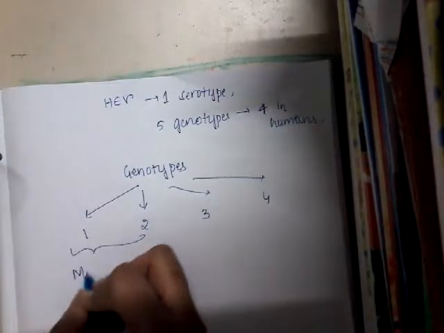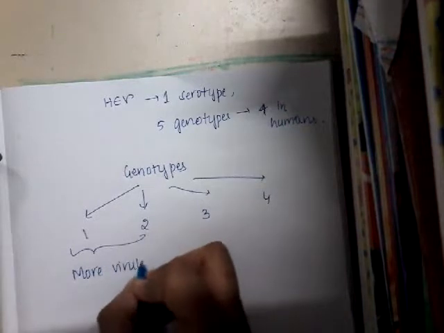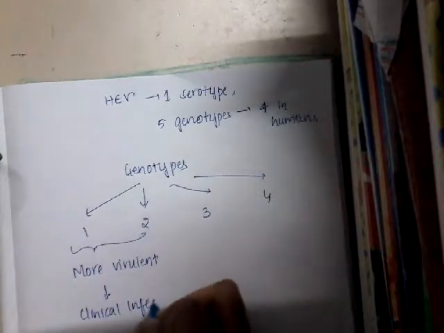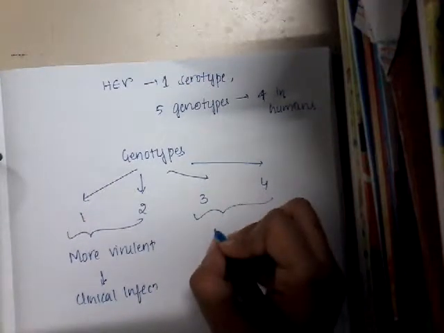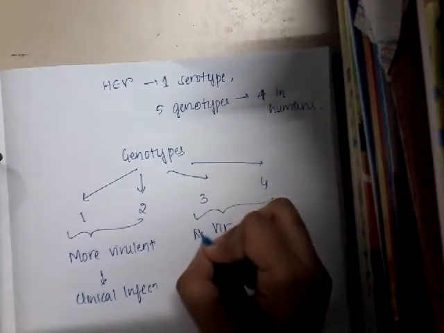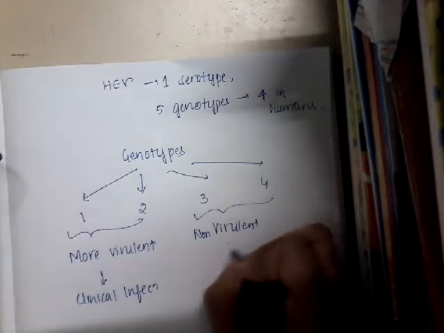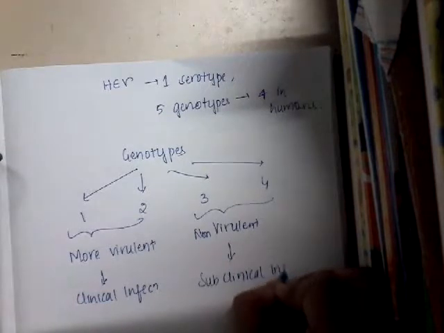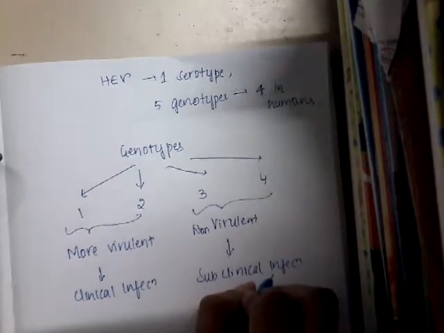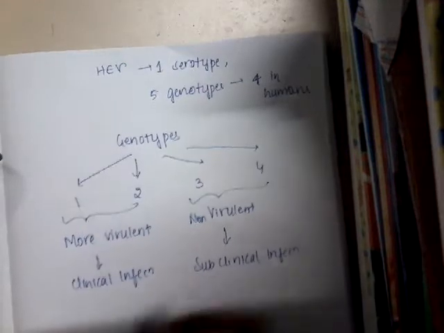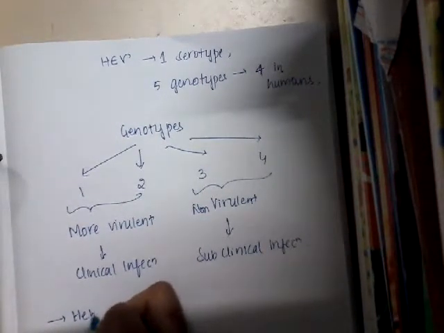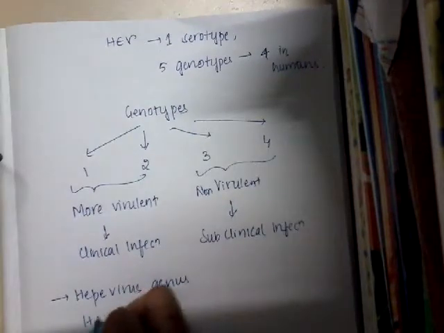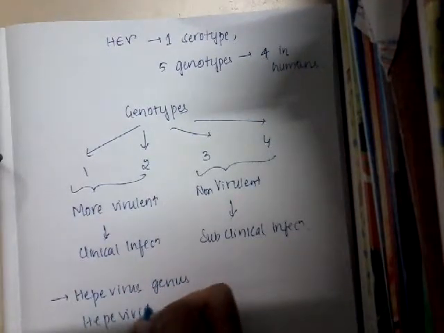Genotypes 1 and 2 are more virulent and produce clinical infection, whereas genotypes 3 and 4 are non-virulent and only produce subclinical infection. It belongs to the Hepevirus genus and the family Hepeviridae.